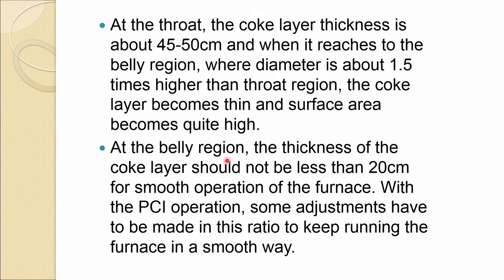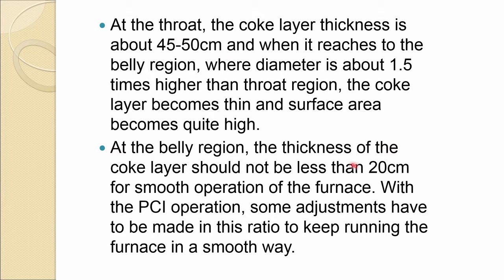So, at the valley region the thickness of the coke layer should not be less than 20 centimeter for a smooth operation of the furnace. When you are saying 20 centimeter, you know already the charging size of the coke is about 45 millimeter to 50 millimeter, which is about let us say 5 centimeter.